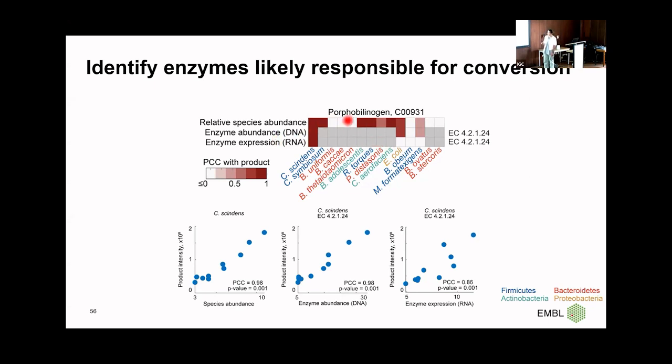However, if we look at their enzymes, as I said, there were only 4 species that possess the enzyme that can make this product, and the expression level allowed us to narrow down this enzyme to one single species whose expression of this enzyme was correlating with the product.